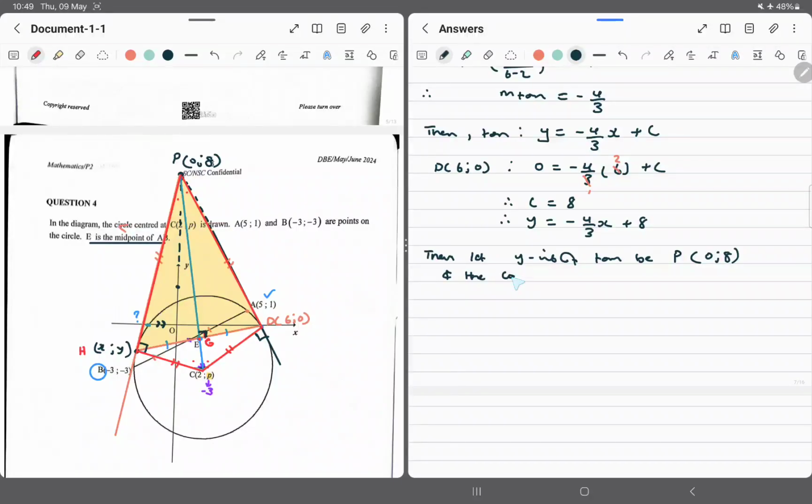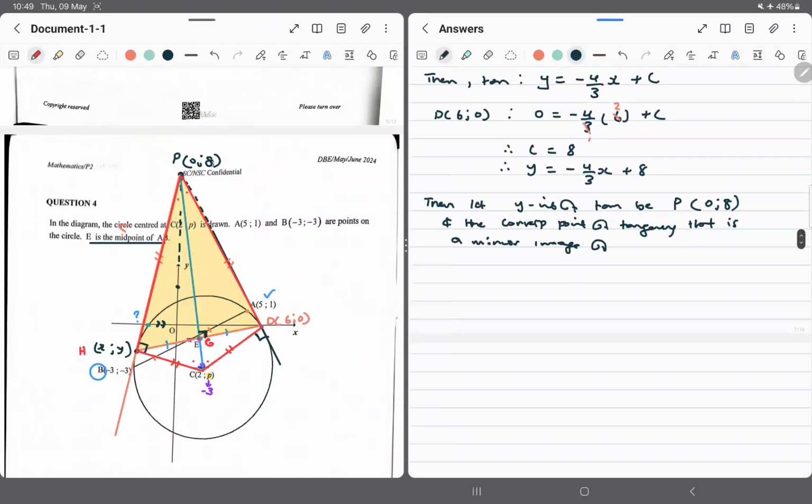You can just say the corresponding point of tangency that is a mirror image of D, B H. Okay, we're setting up the mood, guys.